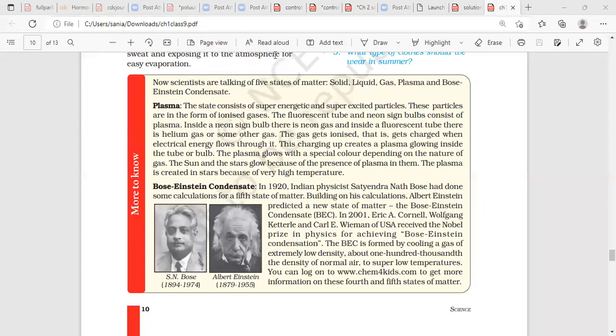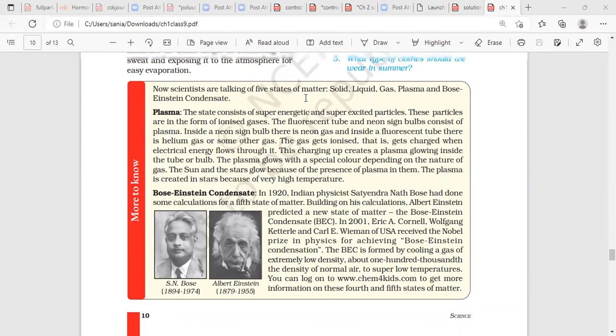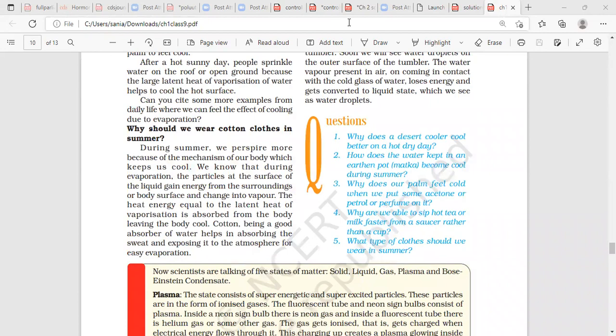Students, you can see my screen. Justin and Adil, can you see my screen? Students, am I audible?